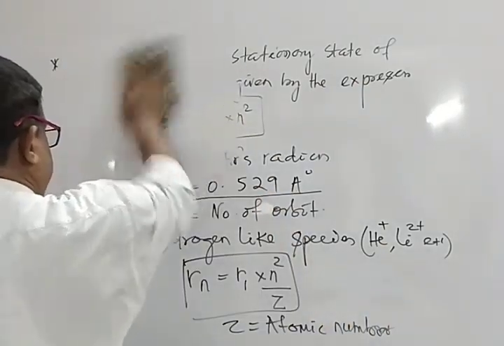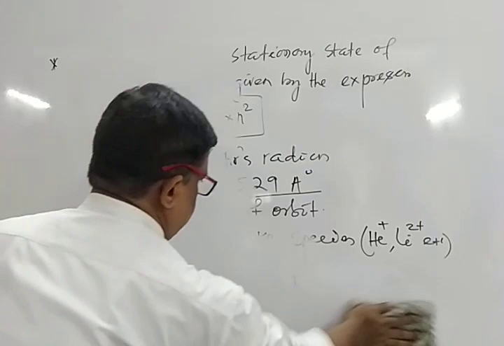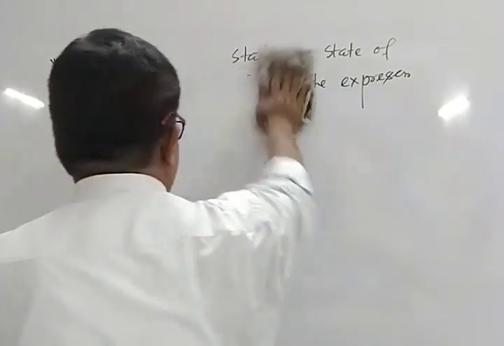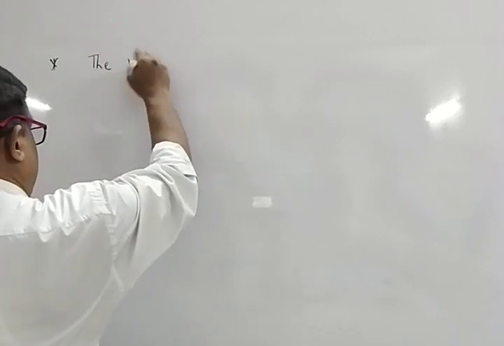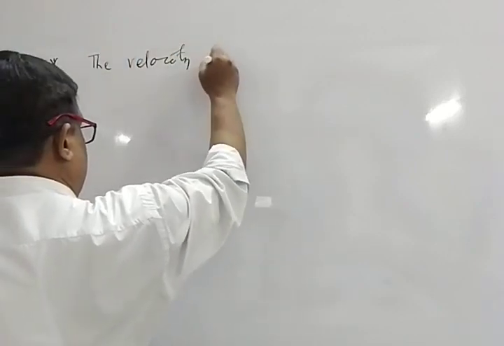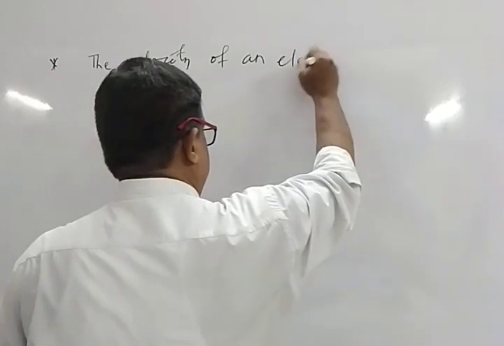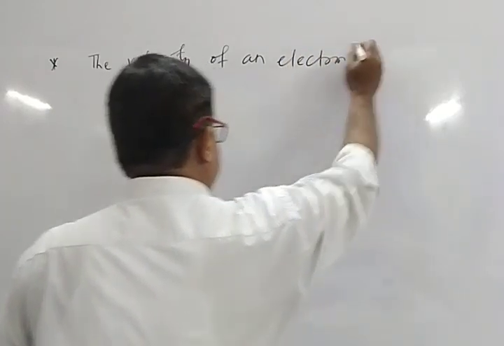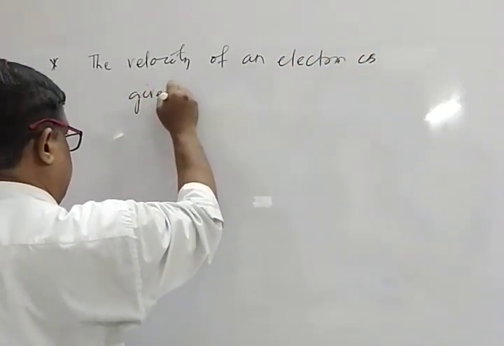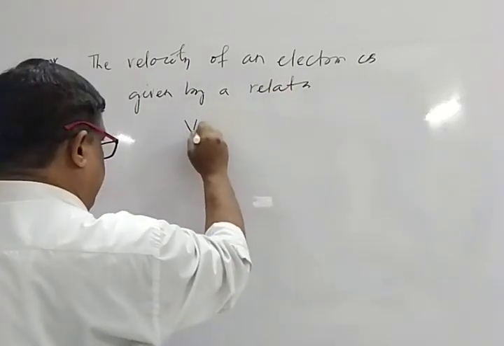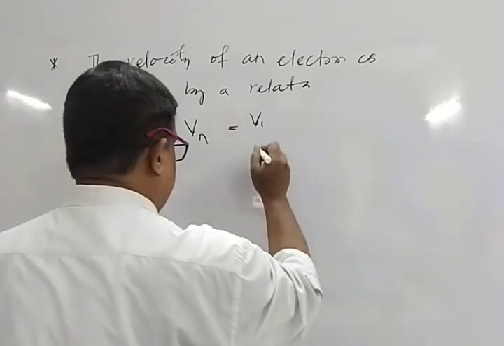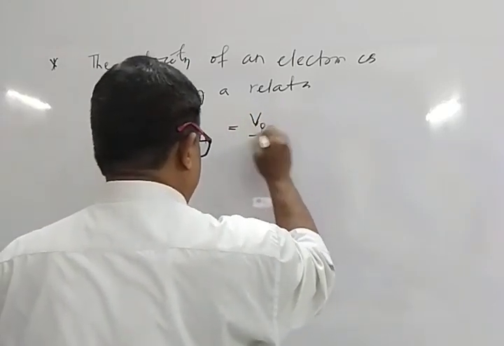Next point, the velocity of an electron is given by the relation Vn is equal to V1 or V0 by n.